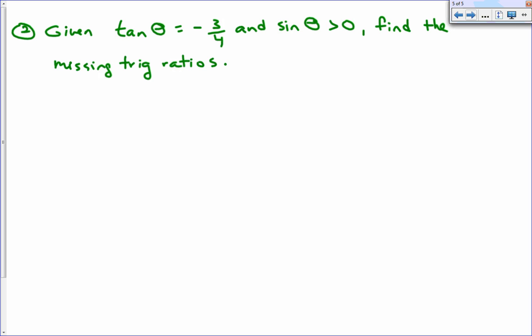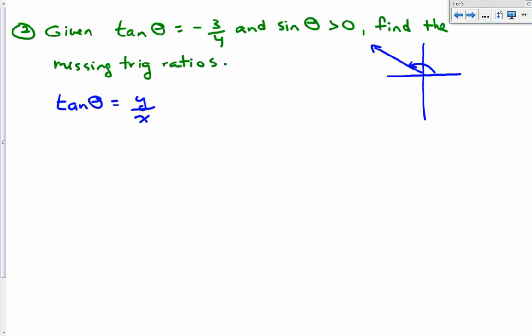So since the sine is positive in quadrant 2, we know that theta has to be somewhere in quadrant 2, okay? And its tangent is negative 3/4. So tangent is negative. Tangent is also equal to y over x. In quadrant 2, y is positive because we're above the x-axis, and x is negative.